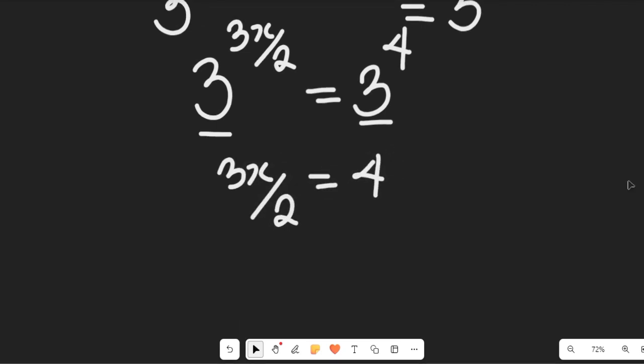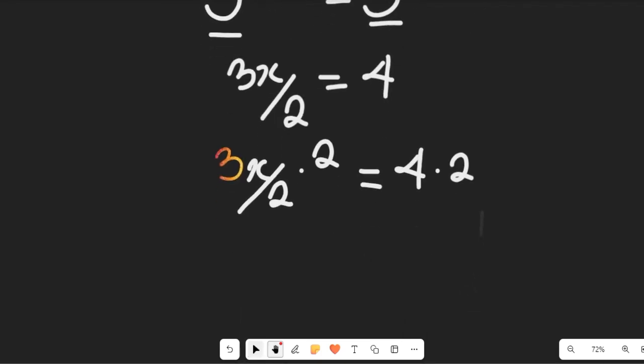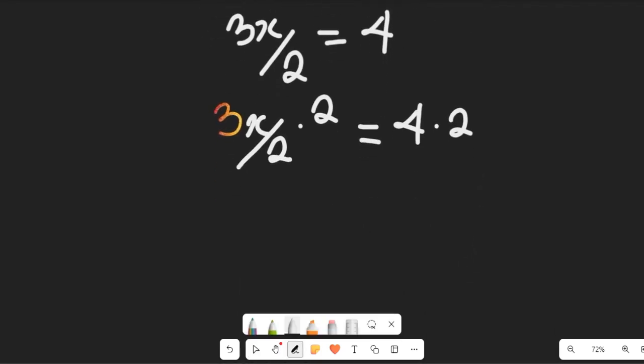From here, we multiply both sides by 2 to get the value of x. So we'll have 3x divided by 2 multiplied by 2 equal to 4 multiplied by 2. That simple expression gives us, clearing the 2, 3x equal to 8.